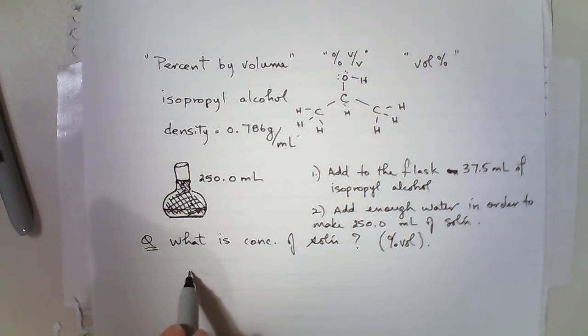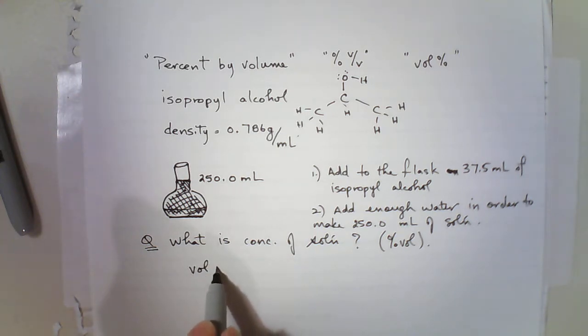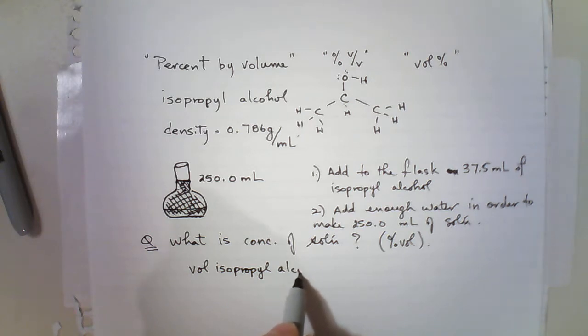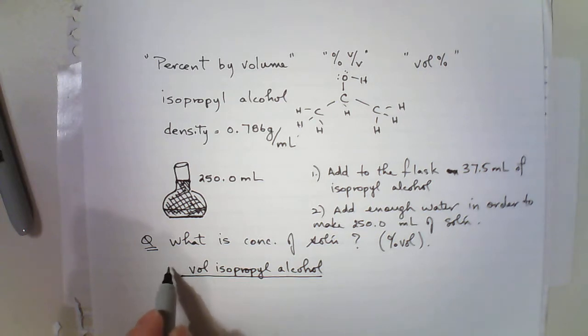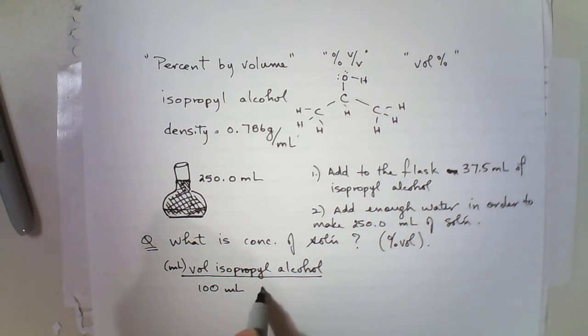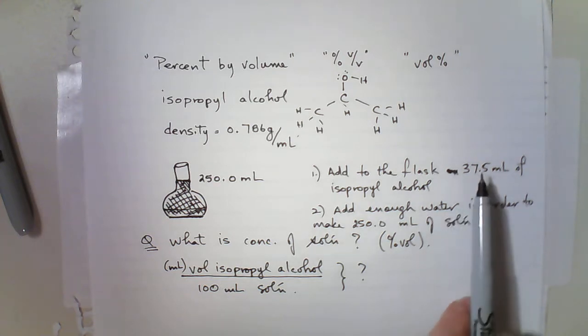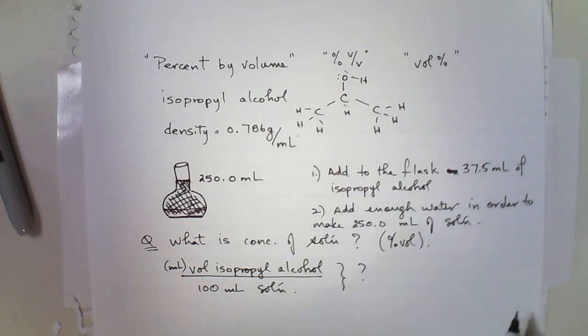Well, it's supposed to be the volume of isopropyl alcohol, let's say it's mils, in 100 mils of solution. So that's what we're asking. If there's 37.5 in 250, then how many milliliters are in 100 ml solution?